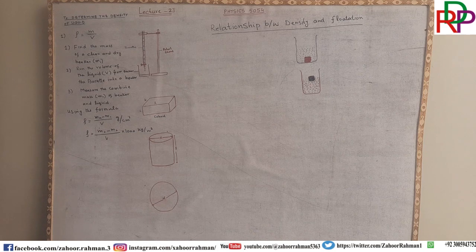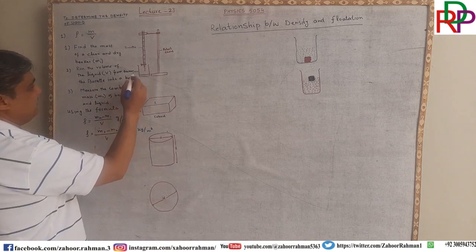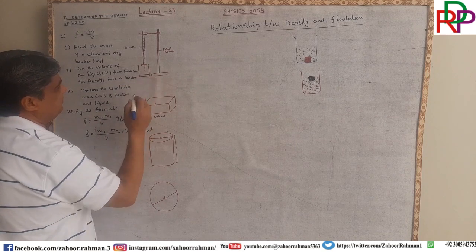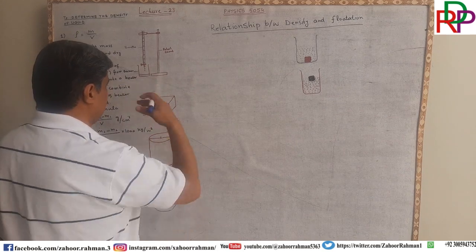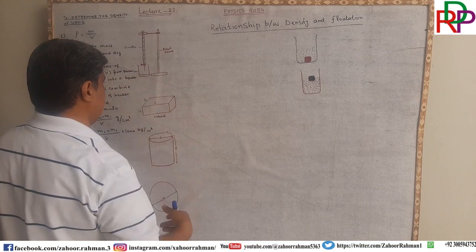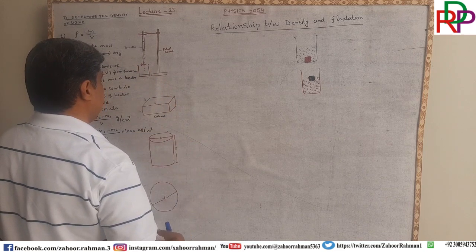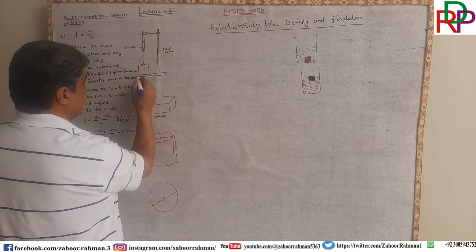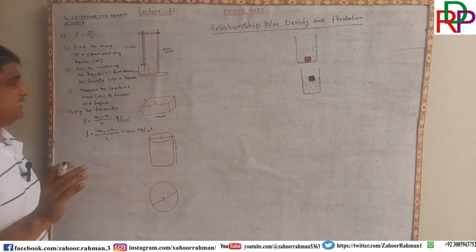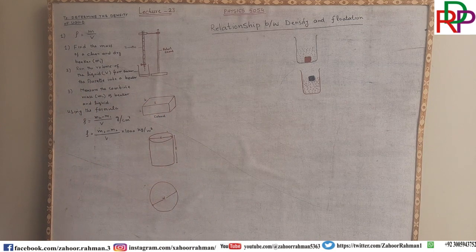But one precaution you have to keep in mind while taking the reading from the beaker: your eyes must be parallel to the base of the meniscus of the liquid. Otherwise, you will get a wrong answer. Okay, that was the whole story of how to find the volume.